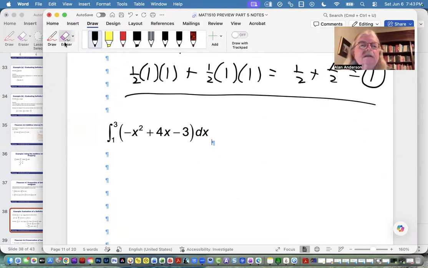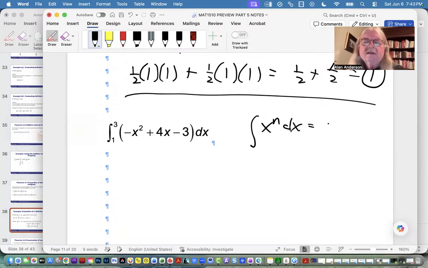Remember, when you're taking the integral of a polynomial like this, that would be the power rule for integrals.